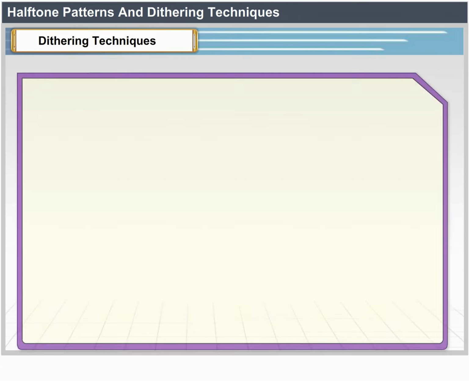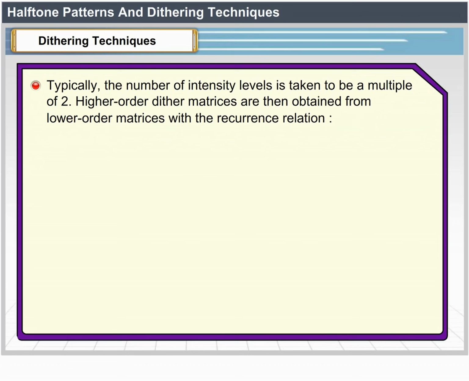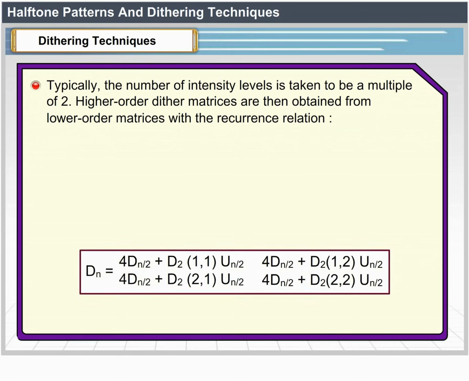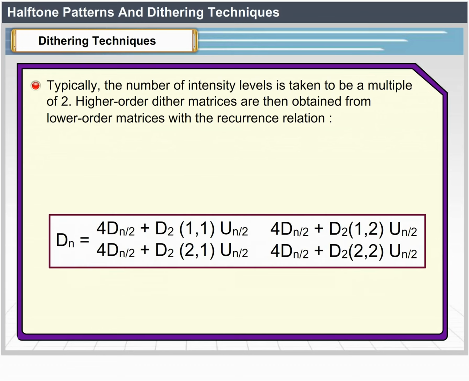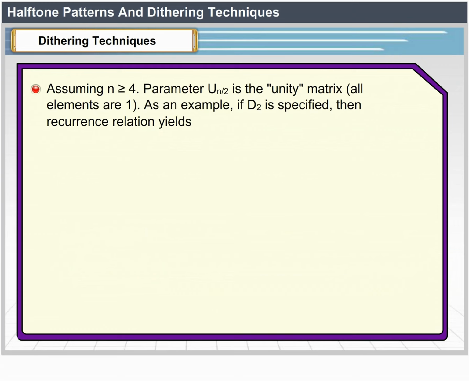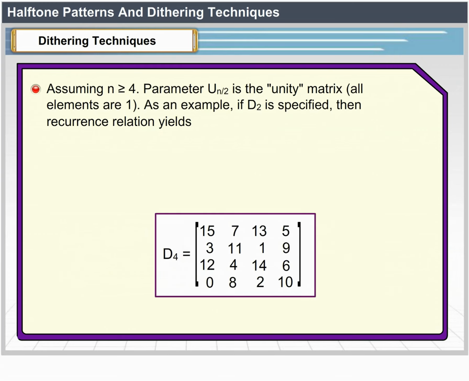Typically, the number of intensity levels is taken to be a multiple of 2. Higher order dither matrices are then obtained from lower order matrices with a recurrence relation, assuming n to be greater than or equal to 4. Parameter Un is a unity matrix. All elements are 1. As an example, if D2 is specified, then the recurrence relation yields the following.